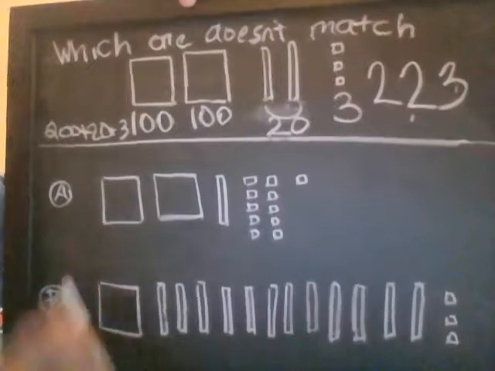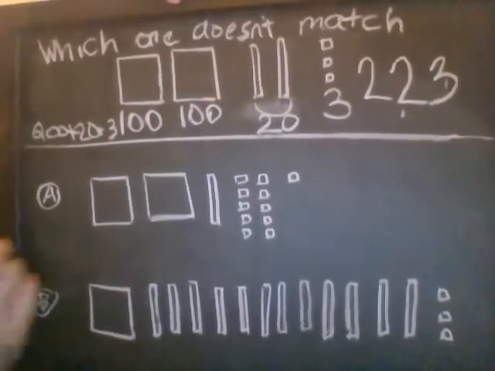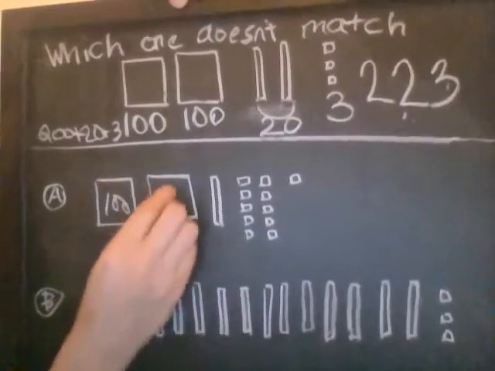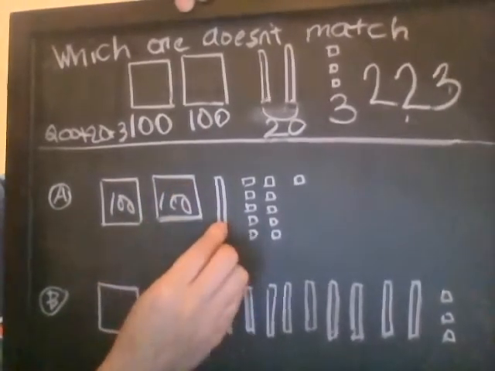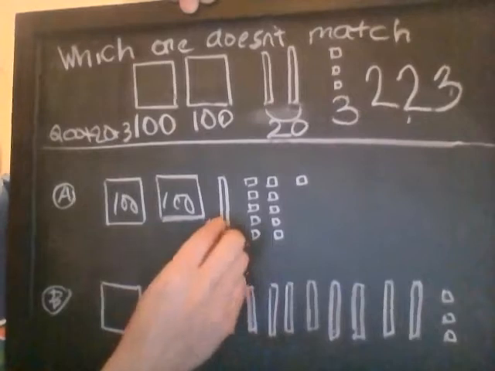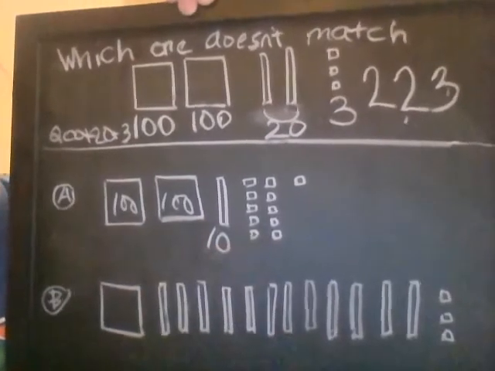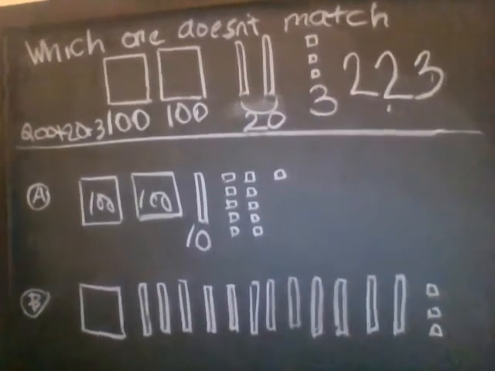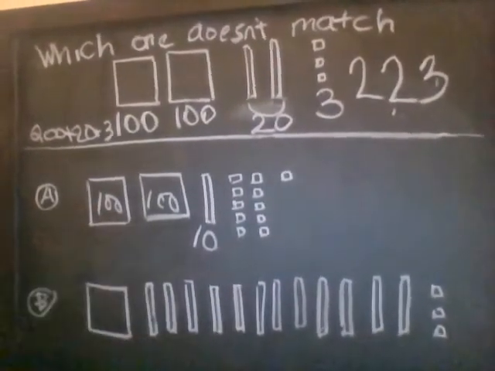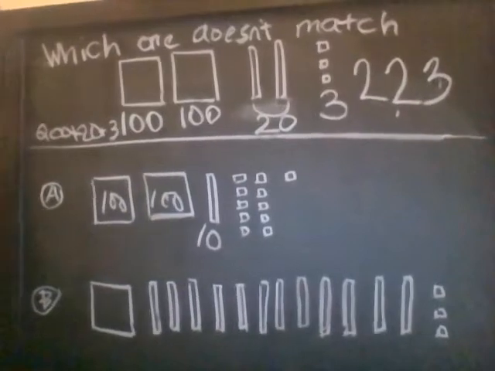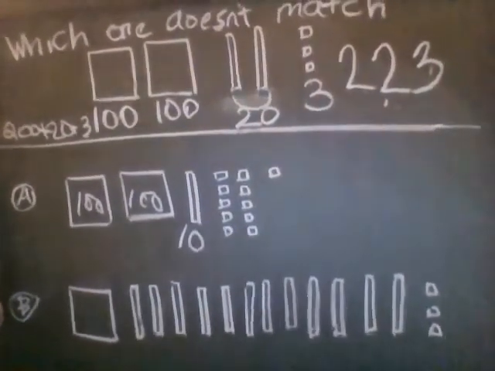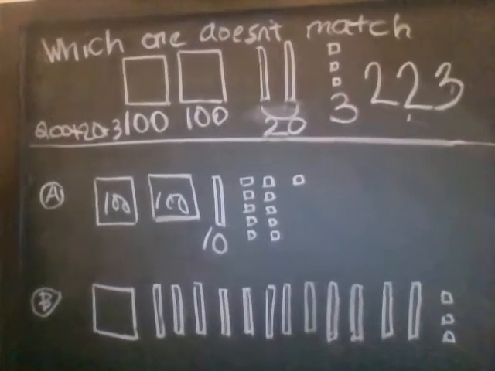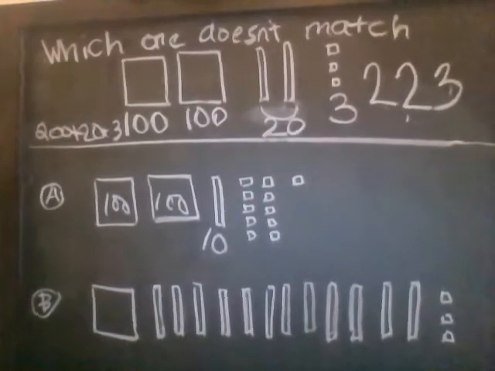Got it? Okay, so let's go to the first one and see if A matches. Here we go. We have 100. We have 100 again. This is a 10 bar and it's by itself, so I'm just going to go ahead and put 10. Be a detective, because you see a lot of units there. The first question you should ask is, hold on, I wonder if there's enough units to make a 10 bar, right?